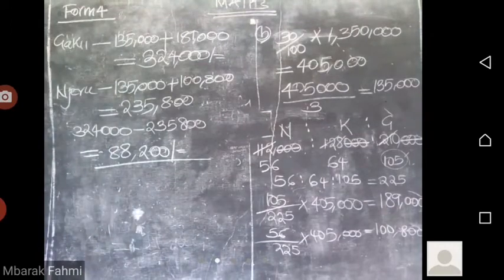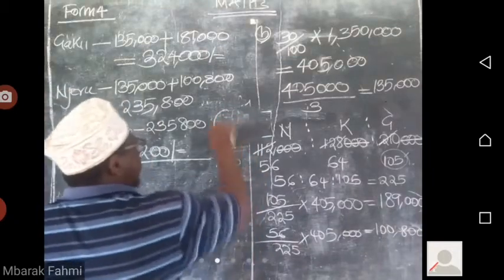Okay, so that is now the difference between the amount received by Gaki and Jero. Now this was 6 marks.